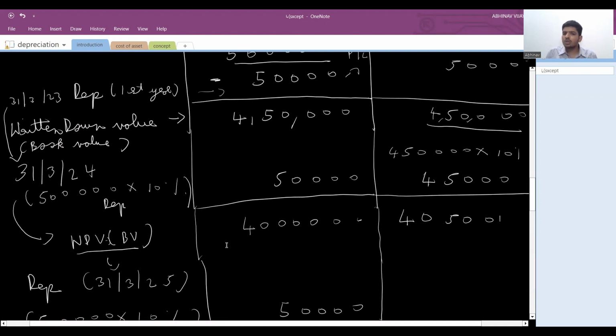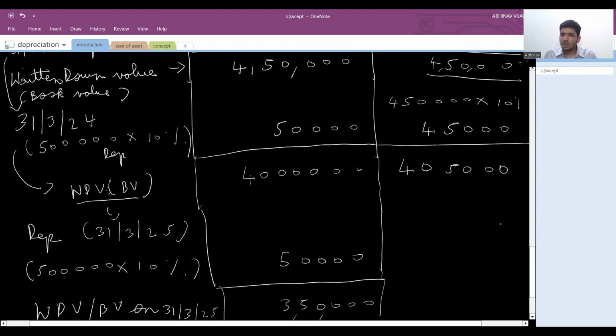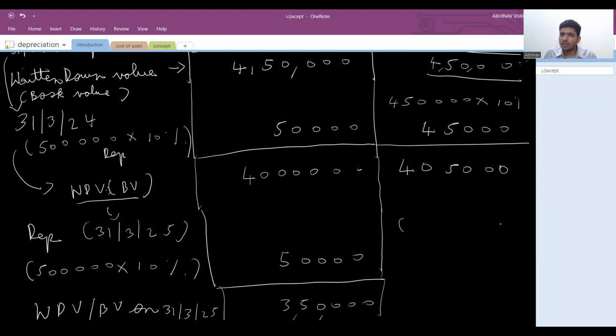Now, year 2 also we depreciated the machinery. Now it's year 3. You have to charge depreciation again. Now under WDV, on what value should we charge depreciation? Again, the written down value as at the start of the year. See, on 31st March 2025 the written down value is 4,05,000.